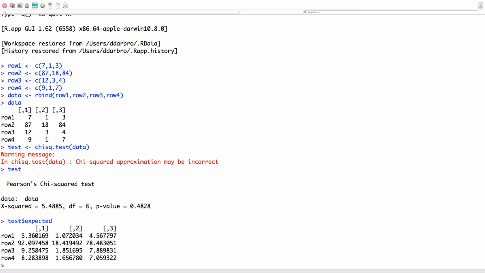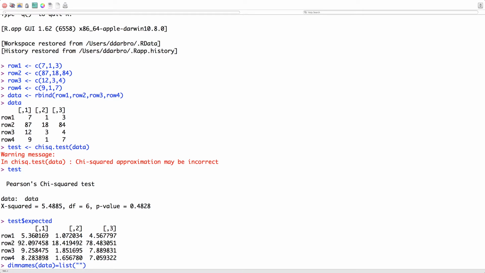Now, let me show you something that would probably really help in a situation like this. There's a function called dimnames for data, which is what we call our data. What we can do here is make a list. We do the rows first, right?